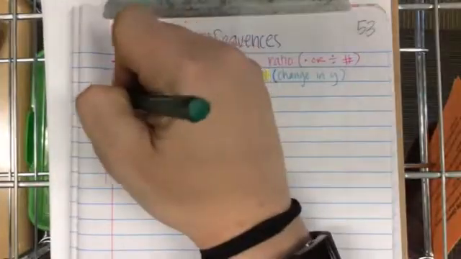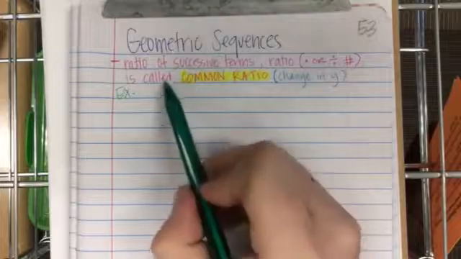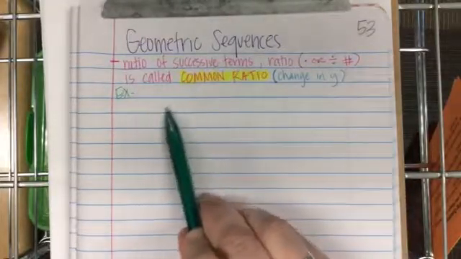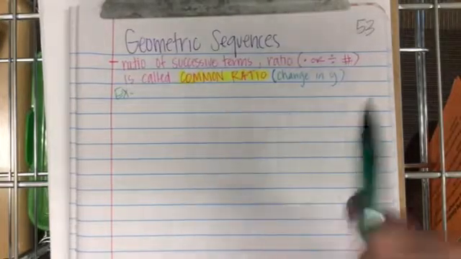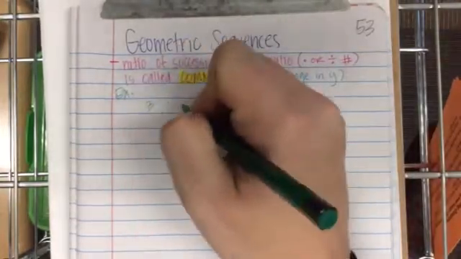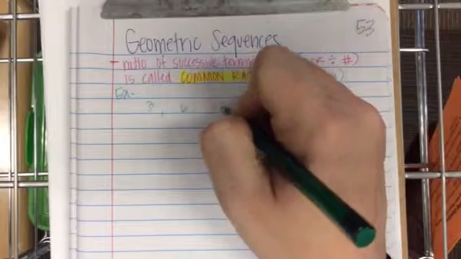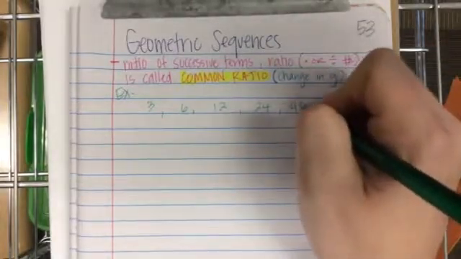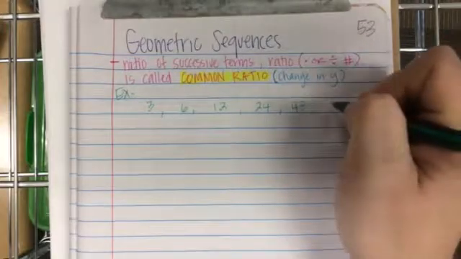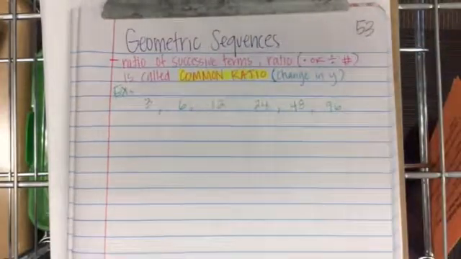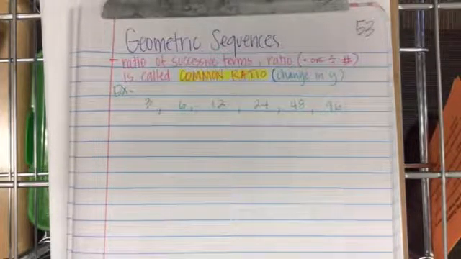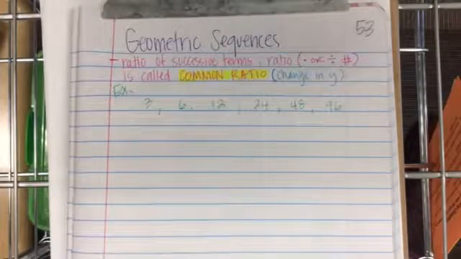So for an example, on purpose, I'm leaving a blank line, and I'm writing my geometric sequence below. Okay? So if I had 3, 6, 12, 24, 48, 96, we'd say, is this a geometric sequence?